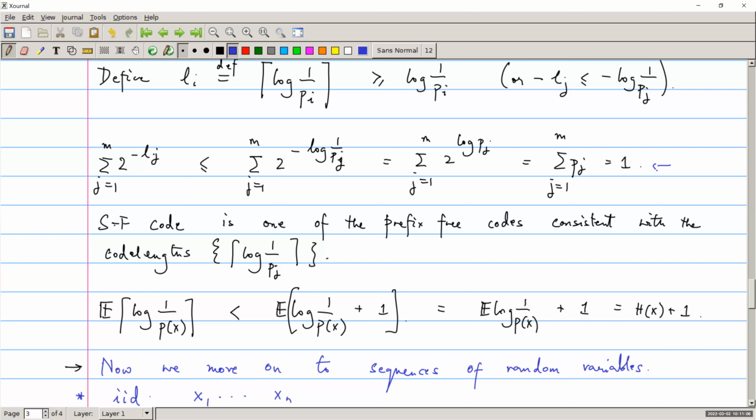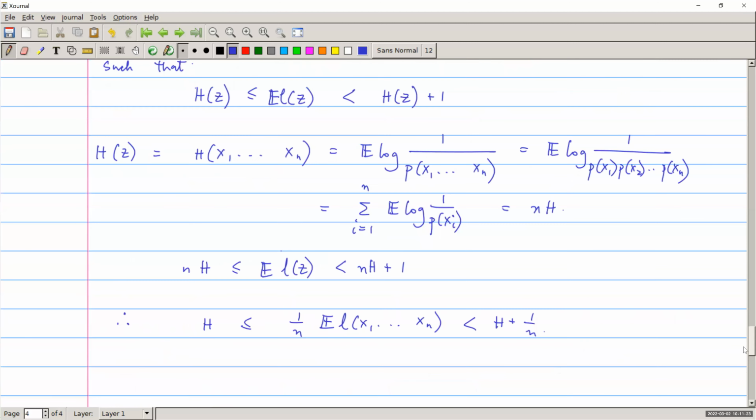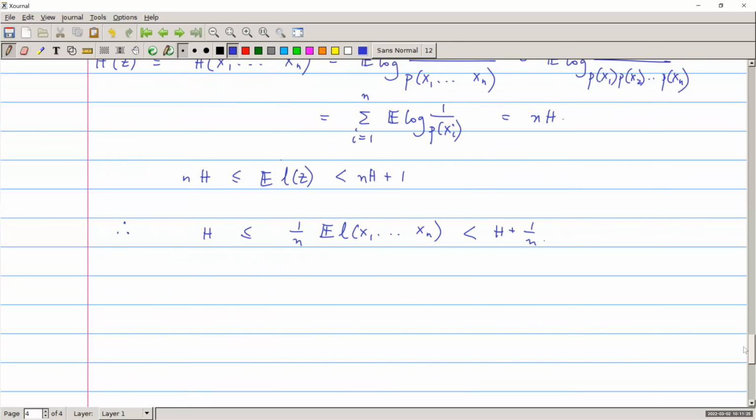But this also means that you can't split the code word into subsections and say, this is the code word of this symbol and so on. You need to wait for the entire block to come in before you can decode. So there are many flaws in actual encoding.